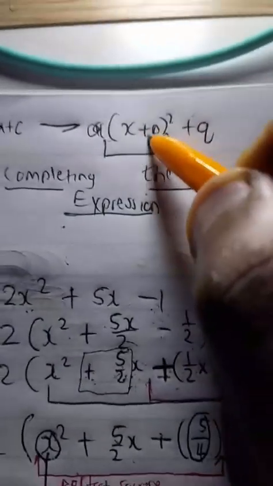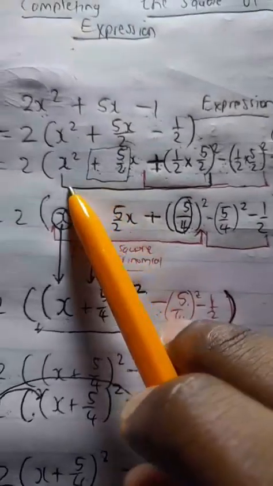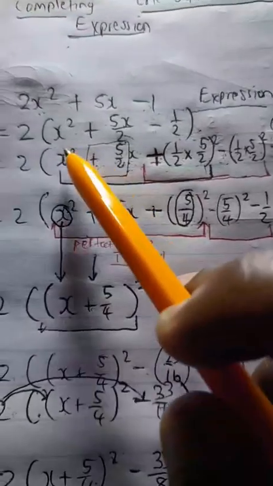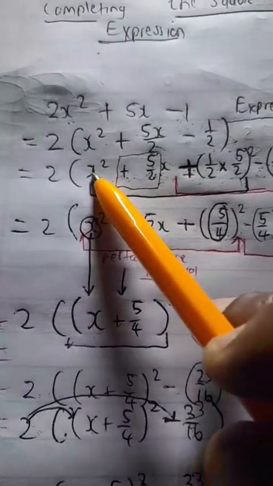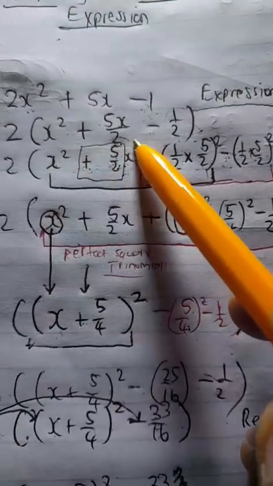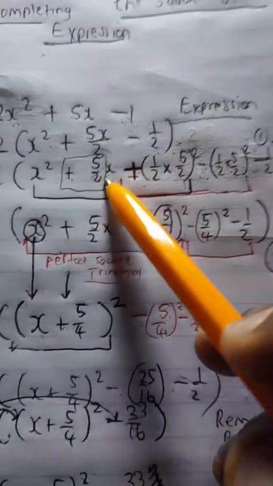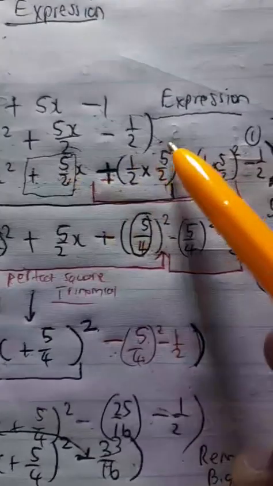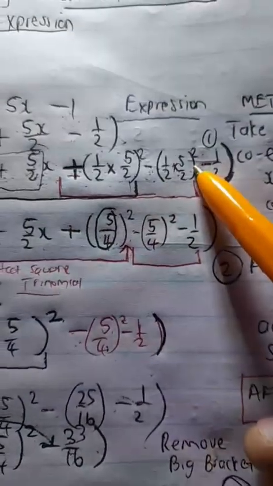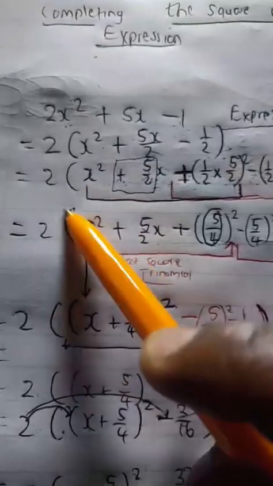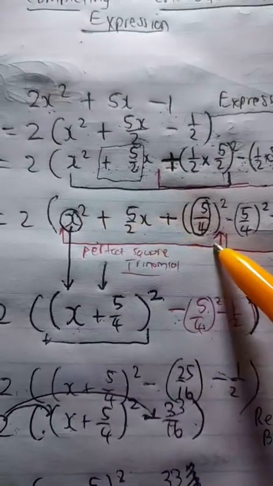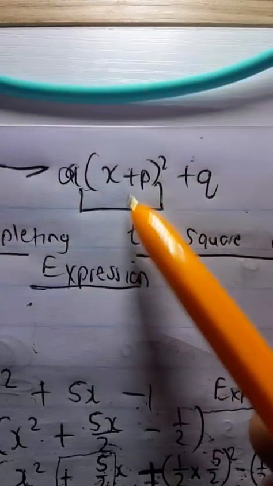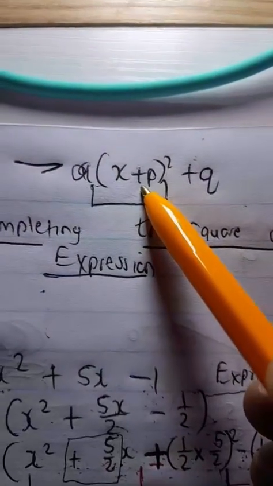We take out the 2, we have an x squared term followed by its x term, and we add half the coefficient of the x term and square it, and then we subtract the same thing, so that the first three terms can form a perfect square trinomial, so that we can get the binomial squared bracket, which we are looking for. We want to get it to this point. Are you with me?